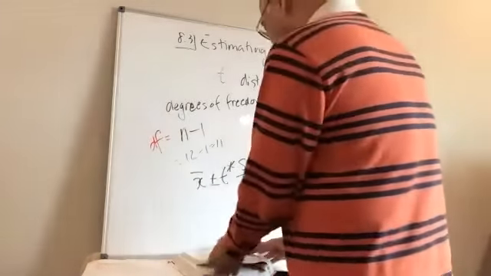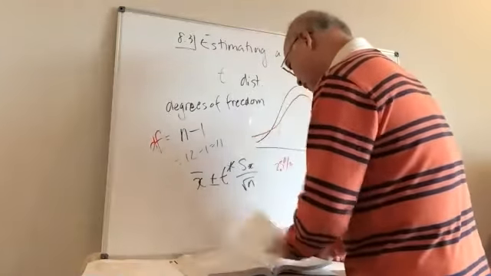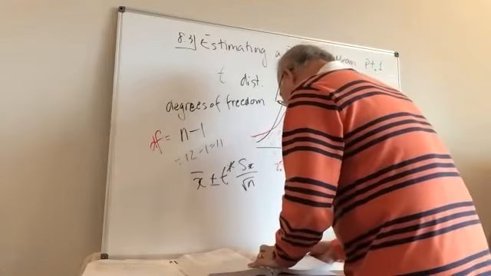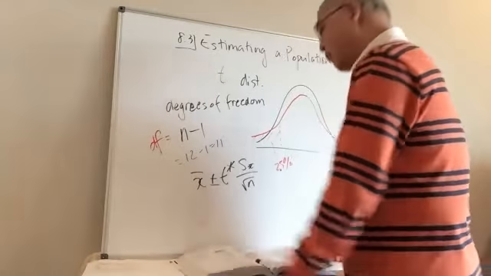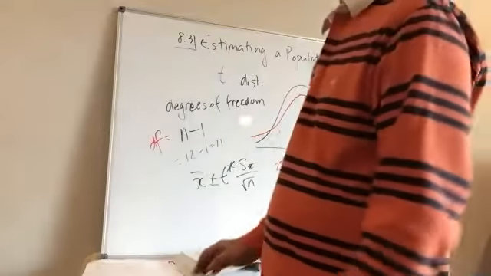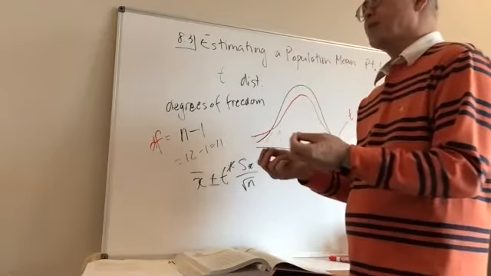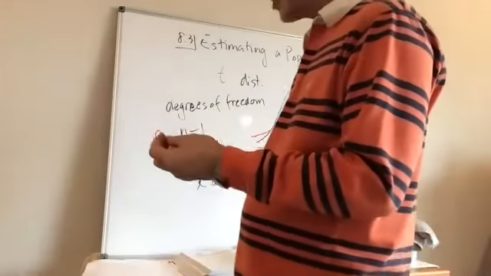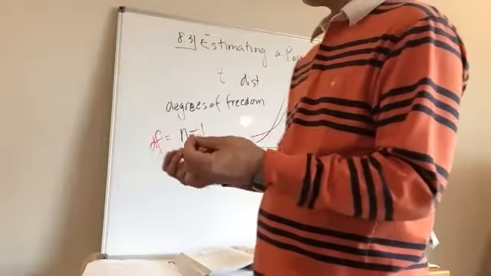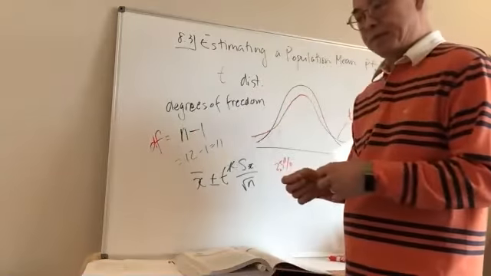Let's go back to page 529. As you can see, as the degree of freedom gets larger, do we get closer to a normal distribution or not closer to one?